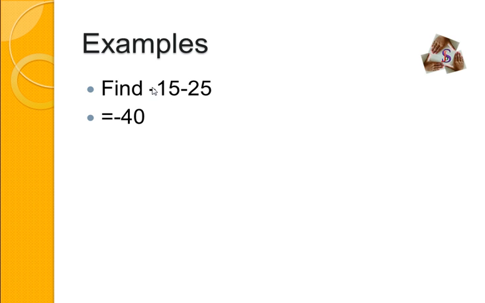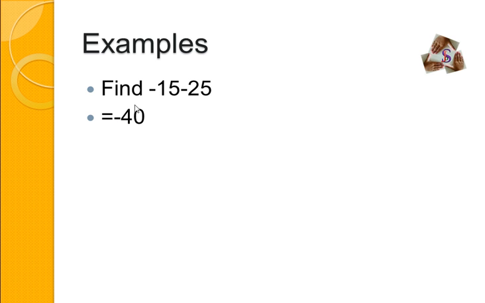Here the signs are the same. So when the signs are the same, we will first add the coefficients. So 25 plus 15 is 40. And then we put the existing sign. So existing sign is minus. So we will put a minus.